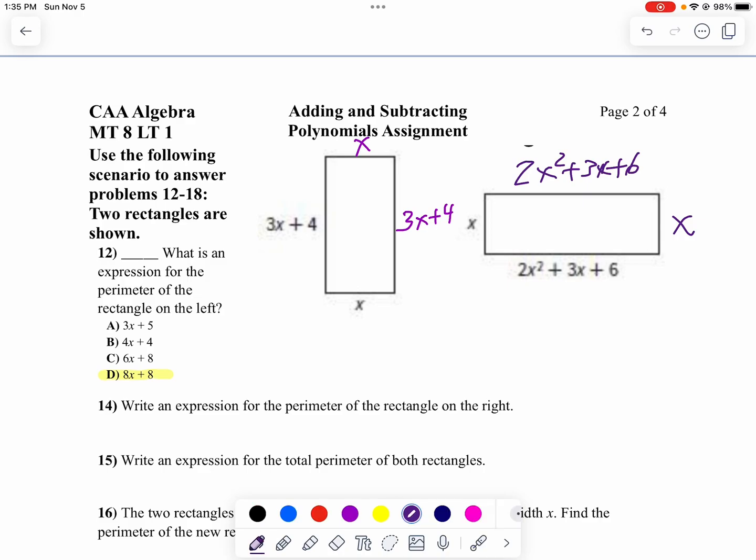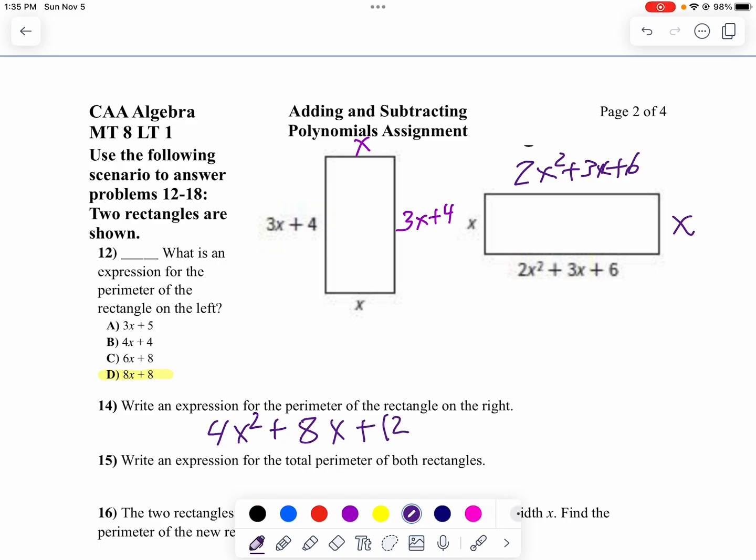So we'll say 4x squared plus, and then we'll add up our x's, 3, 6, 7, 8, so plus 8x. And then we'll add up our numbers. 6 plus 6 is 12, so plus 12.